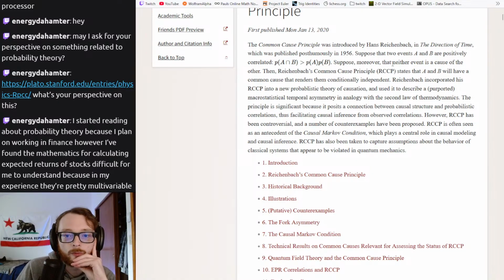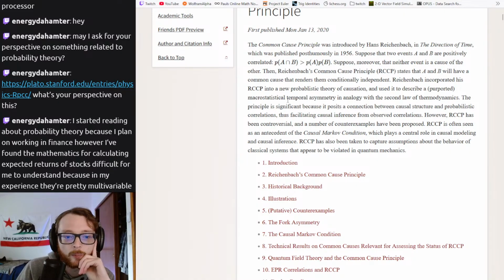I suppose neither event is the cause of the other. Okay. Reichenbach's common cause principle states A and B will have a common cause that renders them conditionally independent. Maybe, yeah. Oh god, this is a lot of words.